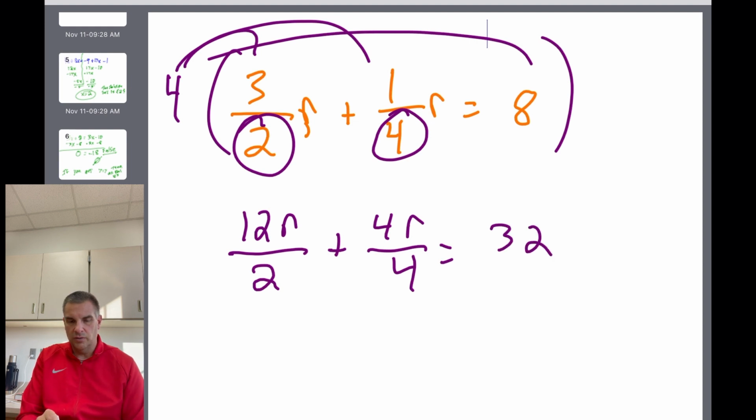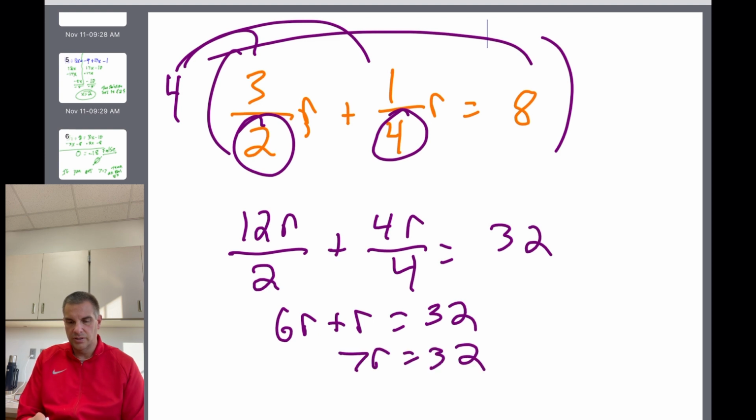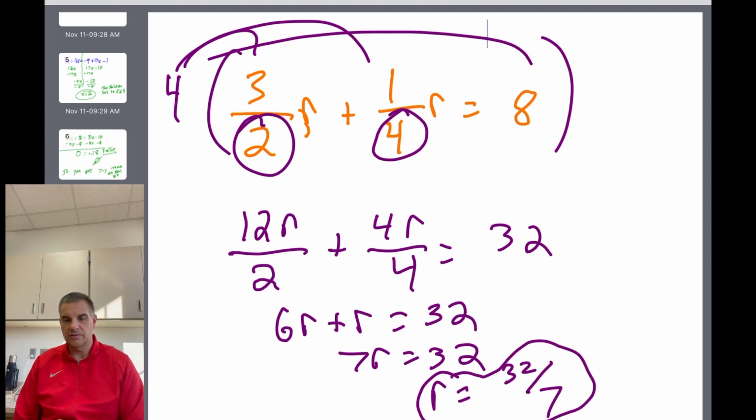Well, 12r over 2, 12 divided by 2, is just 6r. So 6r plus 4r over 4 is just 4r equals 32. So 7r equals 32. So r equals 32/7, and that's how we would leave this one as a fraction.